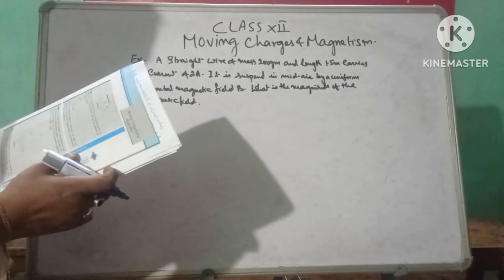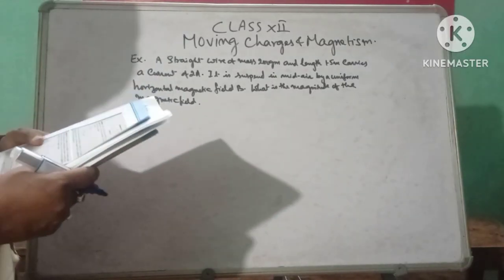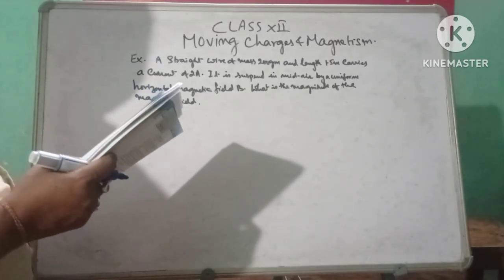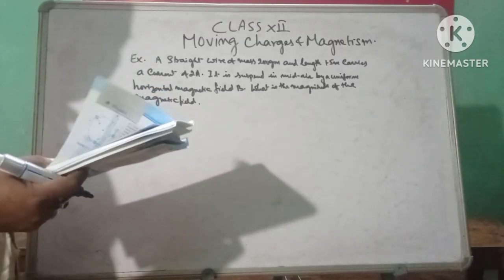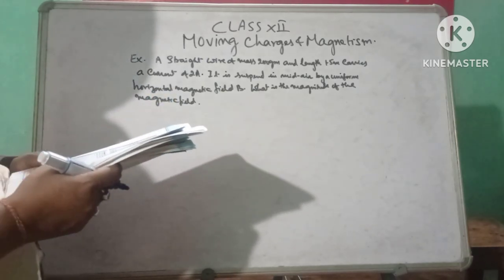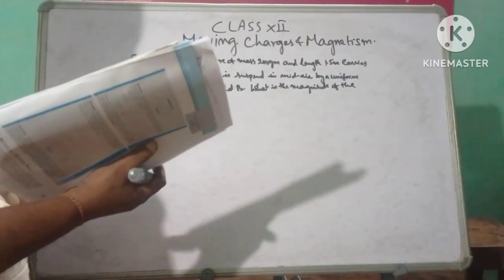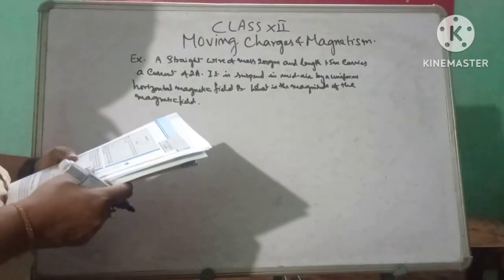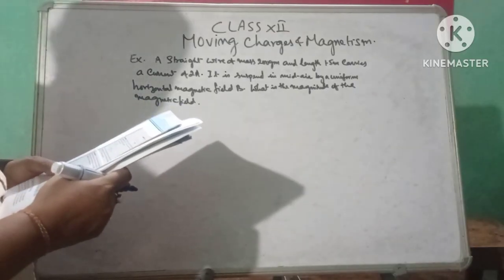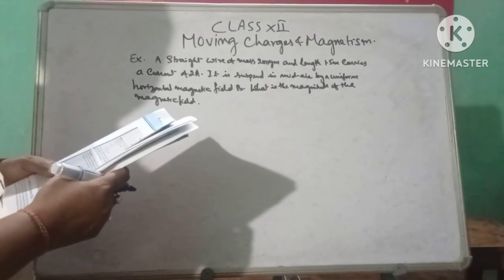A straight wire of mass 200 gram and length 1.5 meter carries a current of 2 amperes. It is suspended in mid-air by a uniform horizontal magnetic field B. What is the magnitude of the magnetic field?